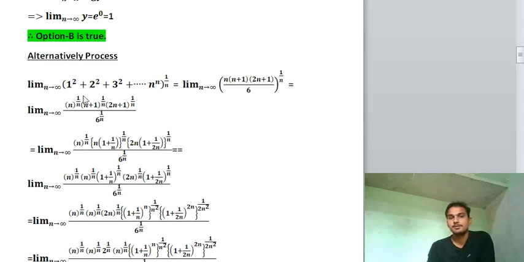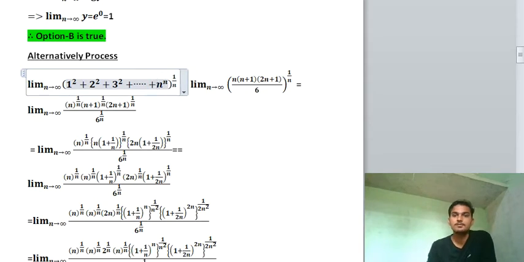The limit as n tends to infinity of (1 square plus 2 square plus 3 square plus up to n square) to the power 1 by n. We can write 1 square plus 2 square plus up to n square as n into n plus 1 into 2n plus 1, whole divided by 6, whole to the power 1 by n.